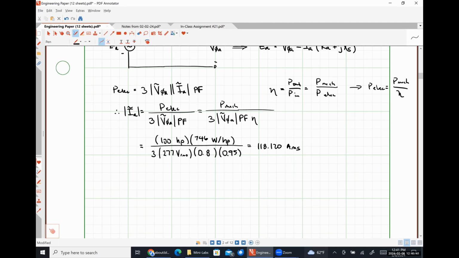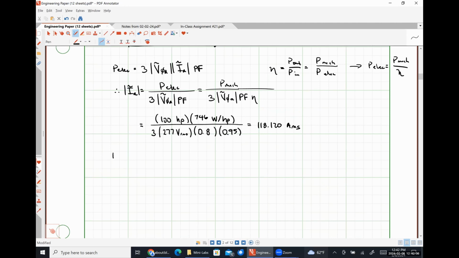How do you guys think we're going to get the phase angle of our current? So it's also going to be related to our power factor, right? So we know that our power factor is the cosine of the angle of our voltage applied.